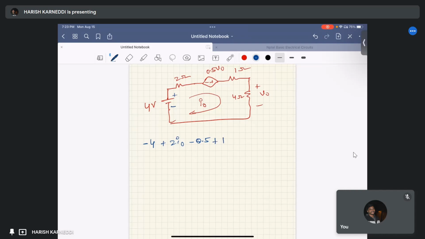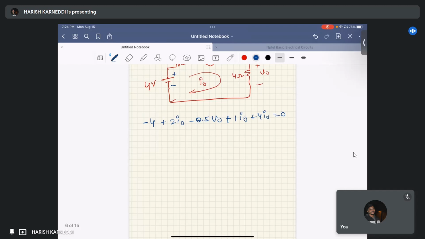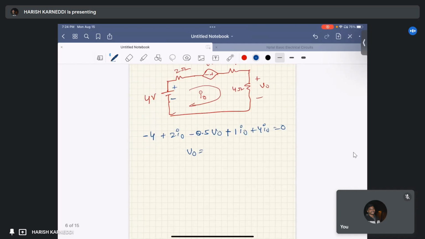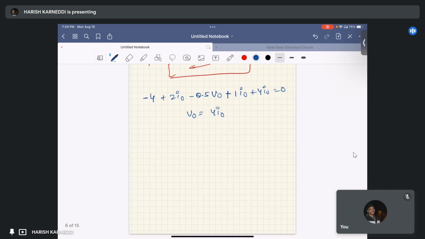This is 0.5 V naught minus, so I naught plus 4 I naught equal to 0, right? Similarly, V naught is the same as previous, V naught equal to 4 I naught. The same equation remains: minus 4 plus 2 I naught minus 0.5 V naught.